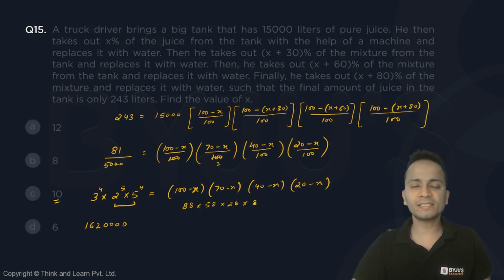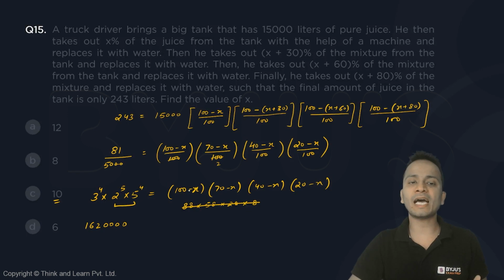So in this, I don't have any zero at the end. 88 into 58 into 28 into 8 will not end with even a single zero. I need 4 zeros. Okay, so I cannot consider 12 from the option.